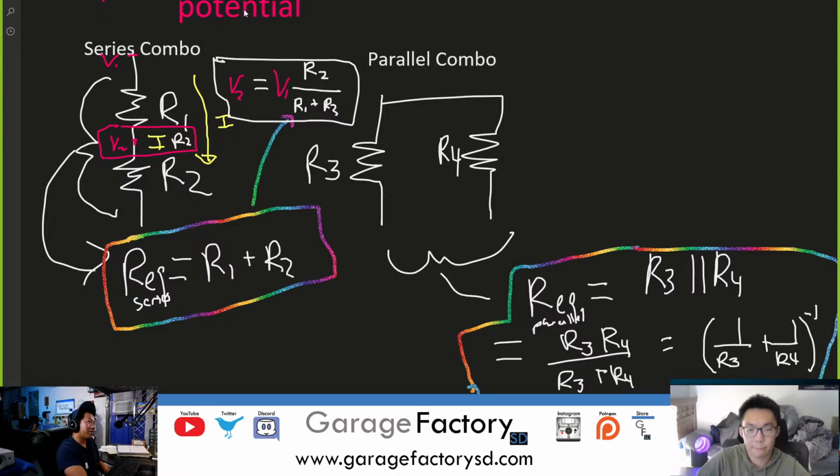Alright, for parallel, it's kind of vice versa. The voltage on R3 and R4 is the same, but the current is going to split. It has two ways to flow, R3 and R4. So this is what they call a current divider.